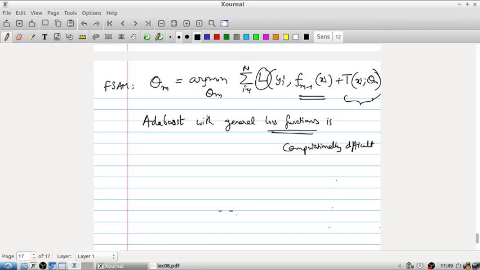For arbitrary losses, there's a computation step needed. And so that brings us to the idea of gradient boosting.